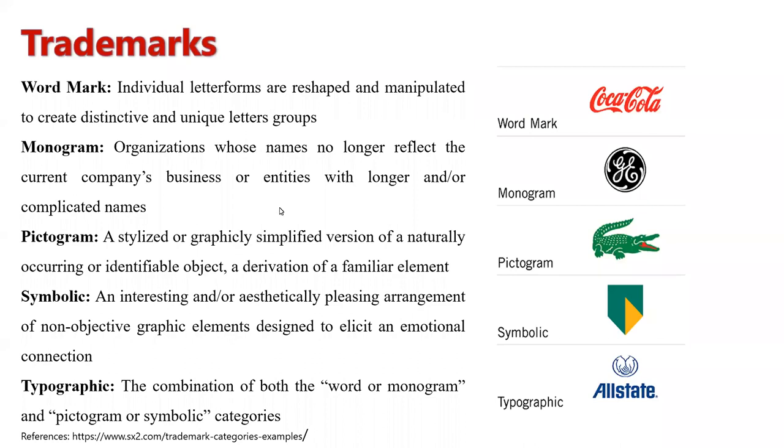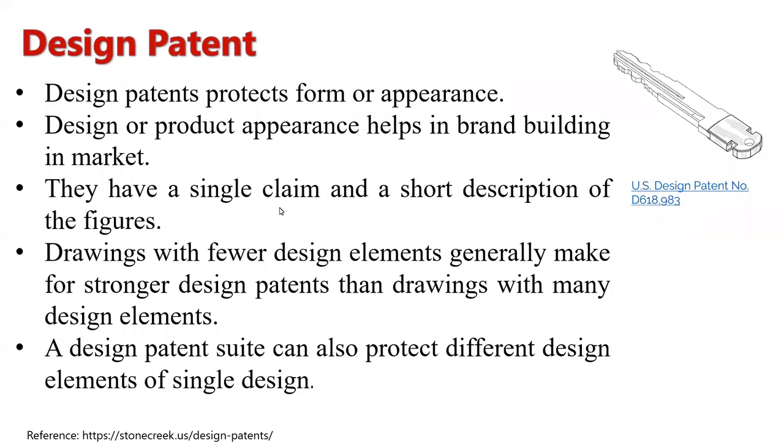Design patent. In the market, we see many varieties and brands of the same products. For example, a car, television, a piece of furniture, a mineral water bottle, etc., which look quite different from each other.